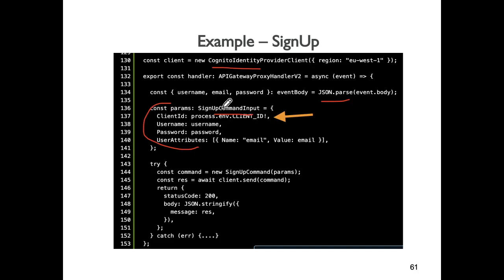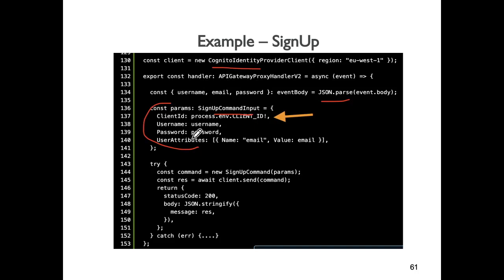My sign-up command input is essentially the configuration for my sign-up command. It's going to be an object, and some of the properties are, as you might expect, the username that I extracted up here, the password that I extracted here, and the email as well. I did say to you that when you create a user pool, you can control what various attributes the user needs to supply when they register.